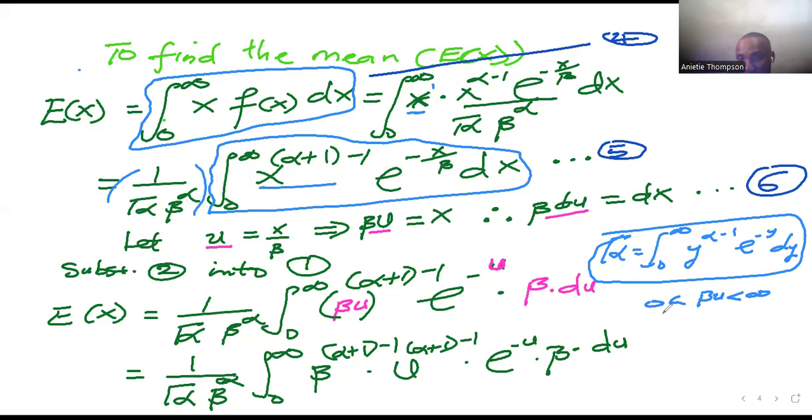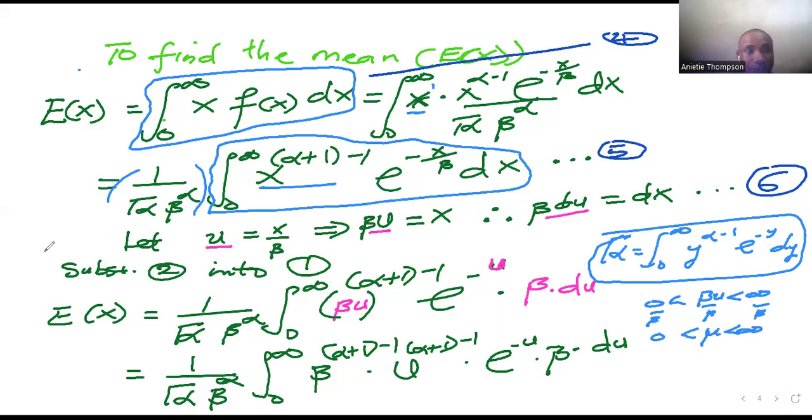If I divide all through by beta, 0 upon anything is 0, and infinity divided by anything is still infinity. So that means the new variable still has the limit from 0 to infinity.